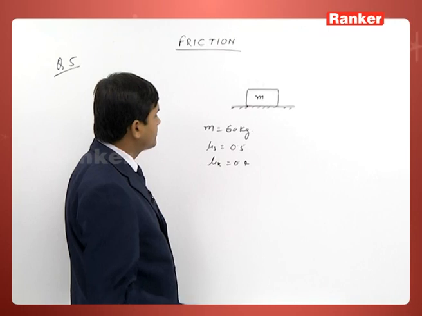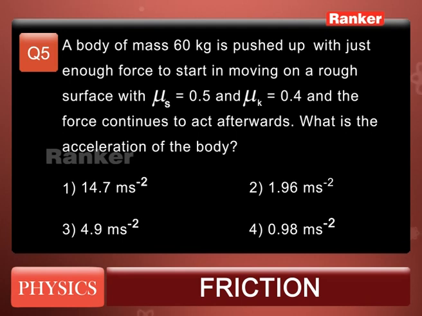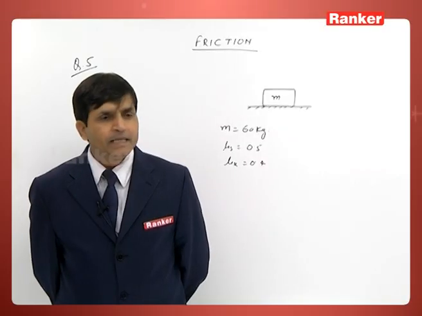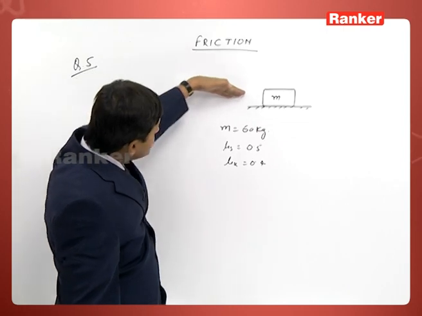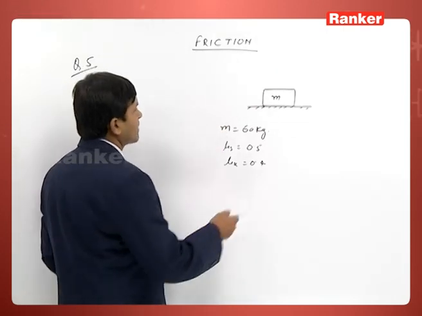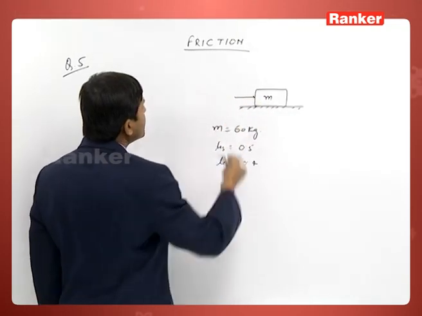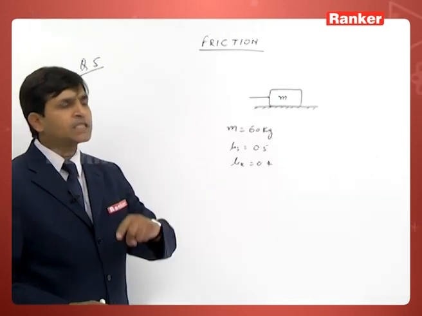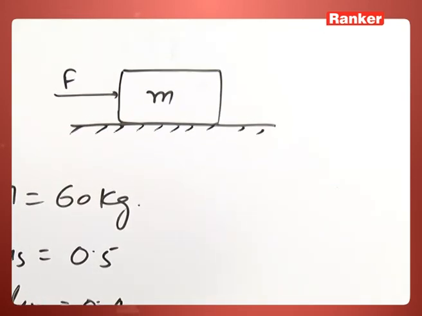So, what does it mean? First of all, the static friction coefficient means that it gives the maximum friction we can have, that is mu s into N, and once the body starts moving it will experience only kinetic friction. So in this question, to accelerate this body, the minimum force should be equal to the maximum value of static friction. Let F be the applied force.